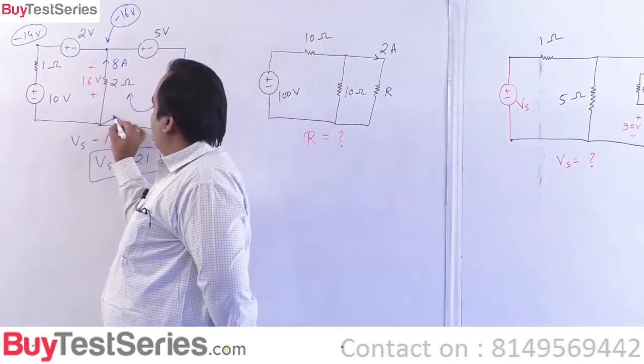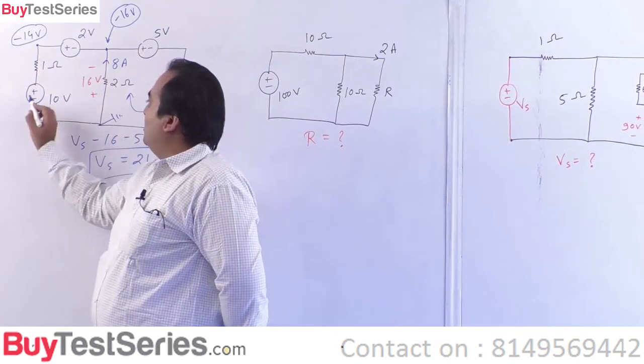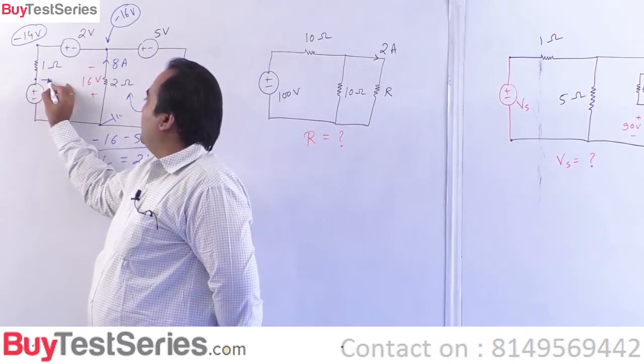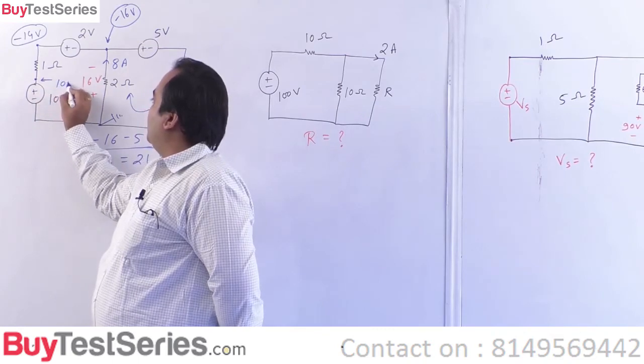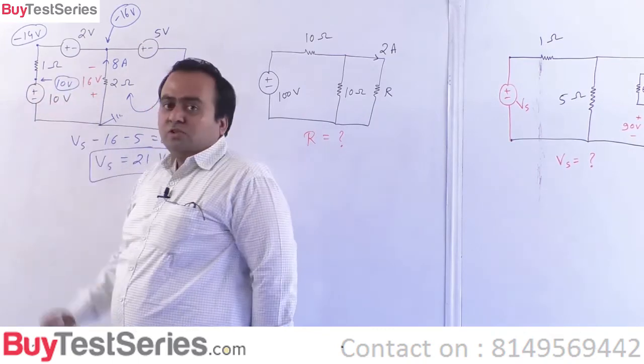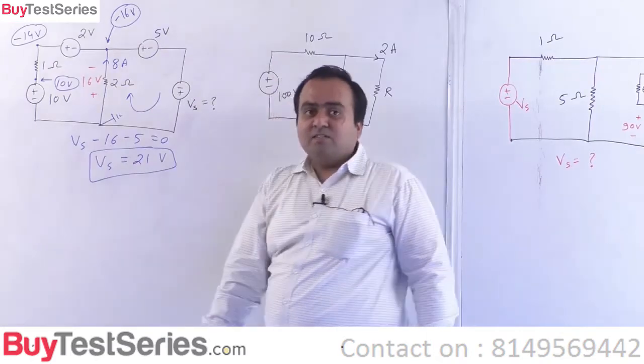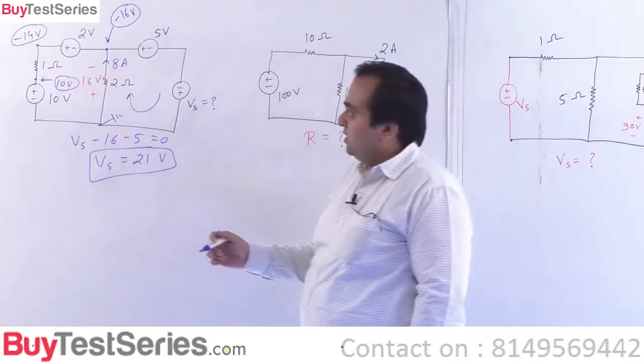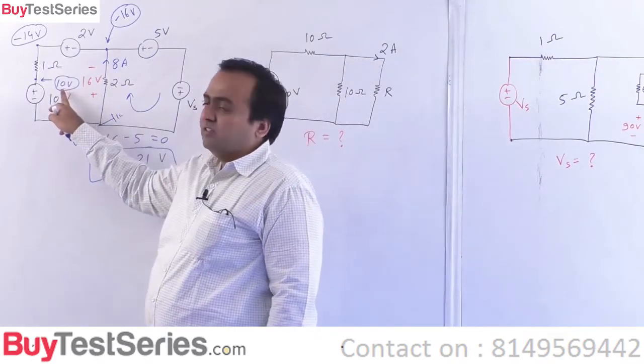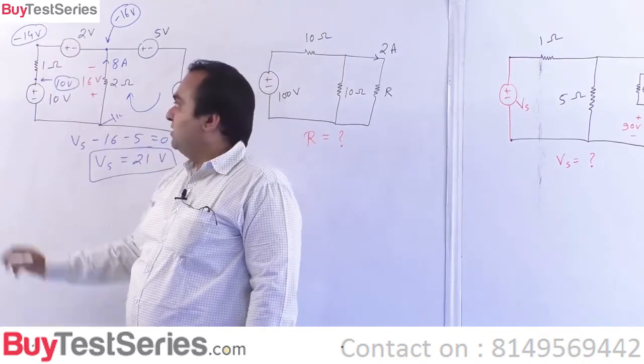If you see, this is your reference, so this voltage here must be what? This is 10 volts. So the difference between 10 and minus 14 is 24 volts. So 10 on this side of the resistance, minus 14 on that side of the resistance.